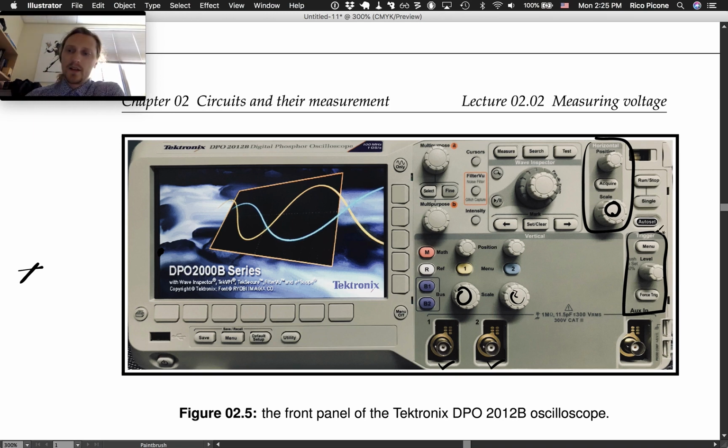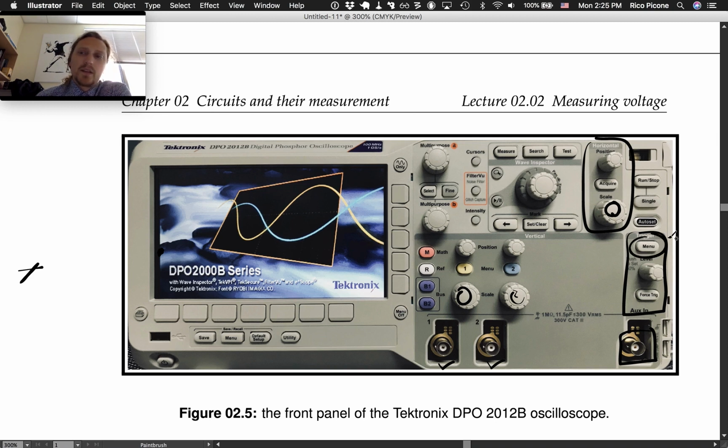So triggering is nice. You can trigger from one of the signals, or you can trigger from the auxiliary in, and either one is fine depending on your situation. You can trigger automatically or not. Also, there are different trigger modes, so you can look in the trigger menu and see the different modes.